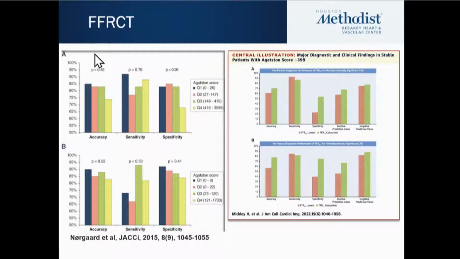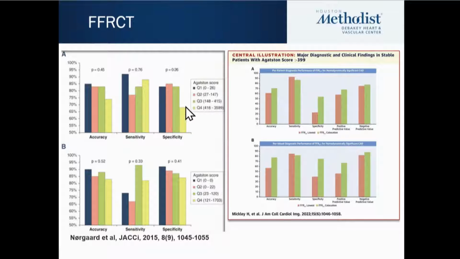So on the first panel on the left, this is from the NXT trial. The different colors of the columns refer to the quartile of calcium. And I want to bring your attention to the fourth quartile. So this is patients with coronary calcium score of 416 to 3599. So a high burden of calcified coronary plaque.